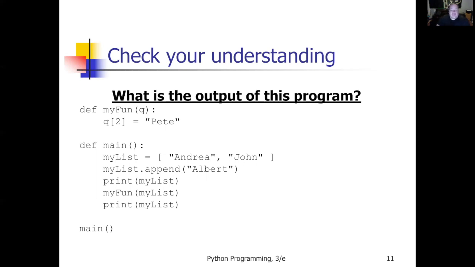The answer is yes. I've modified the list. Even though it's in a different function with a different variable name, it's the same list because it's mutable and it's an object. And I can change it and it stays changed because it's a mutable object. So the second print is going to say Andrea, John, Pete.